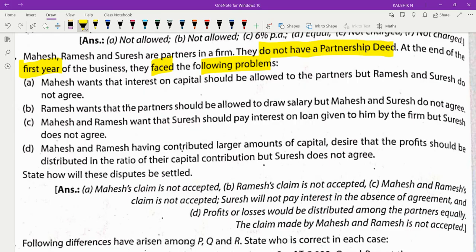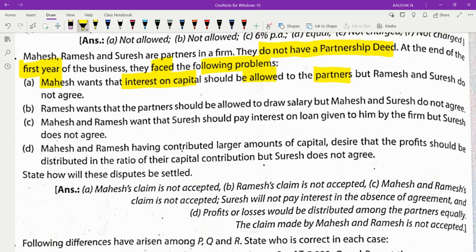Okay. In the first case, Mahesh wants interest on capital to be allowed to the partners. See how generous he is. In the first problem, the partner was insisting on interest on capital, but he was very particular for himself, and not raising his voice for others. But here, this partner is so sweet.